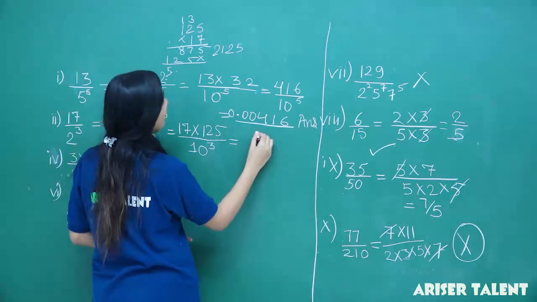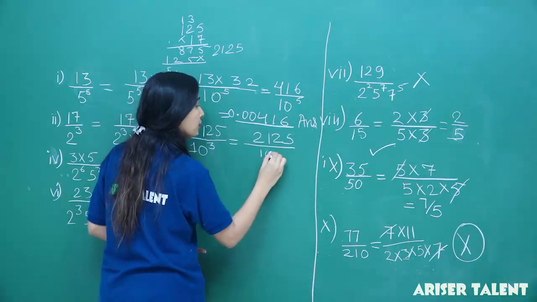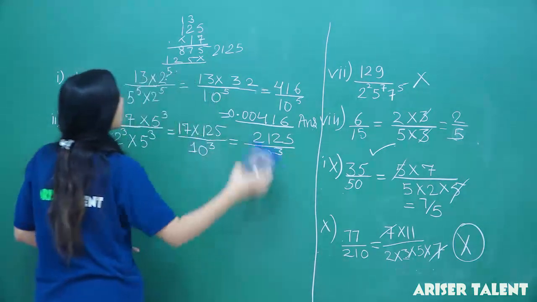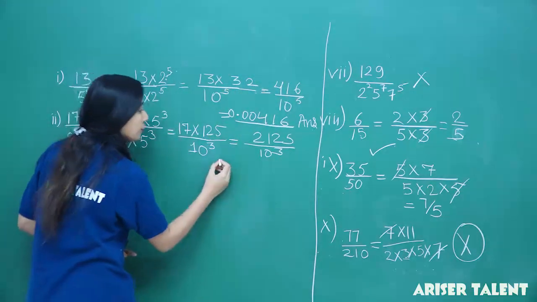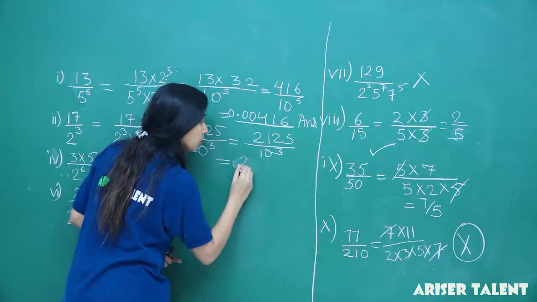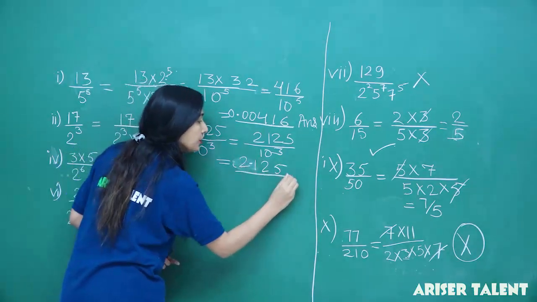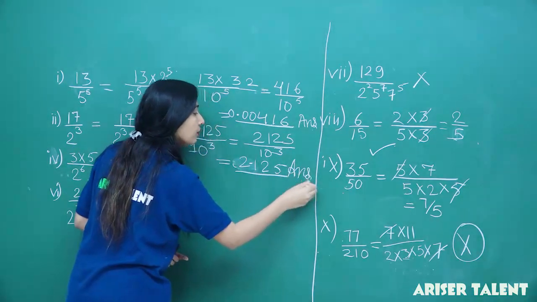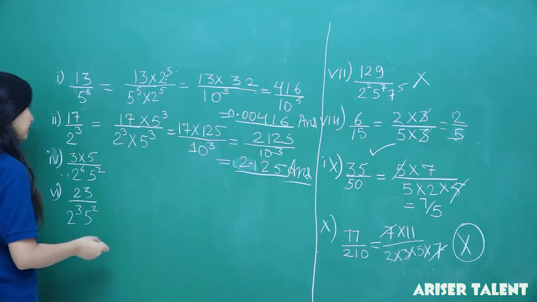So you will be having 2125 divided by 10 to the power 3. So you will be getting 2.125, 1, 2, 3, 3 places. So it will be 2.125, your answer.